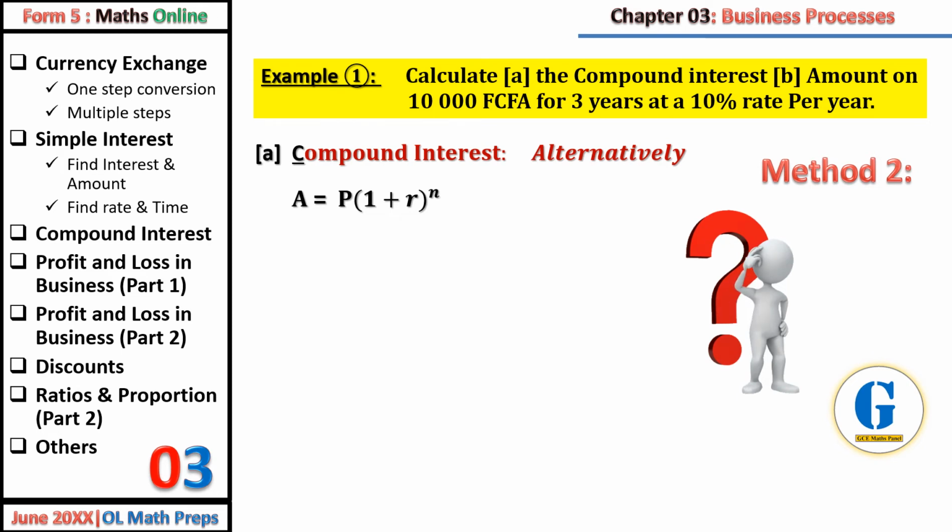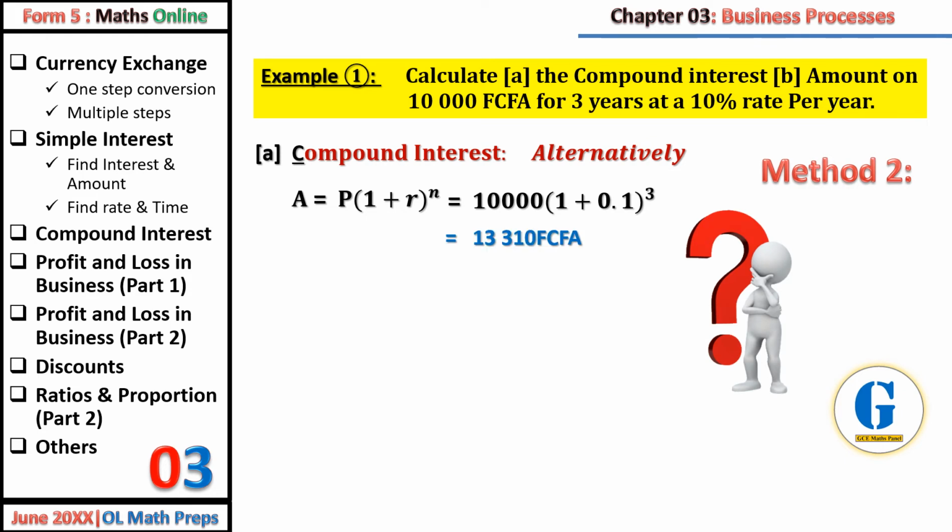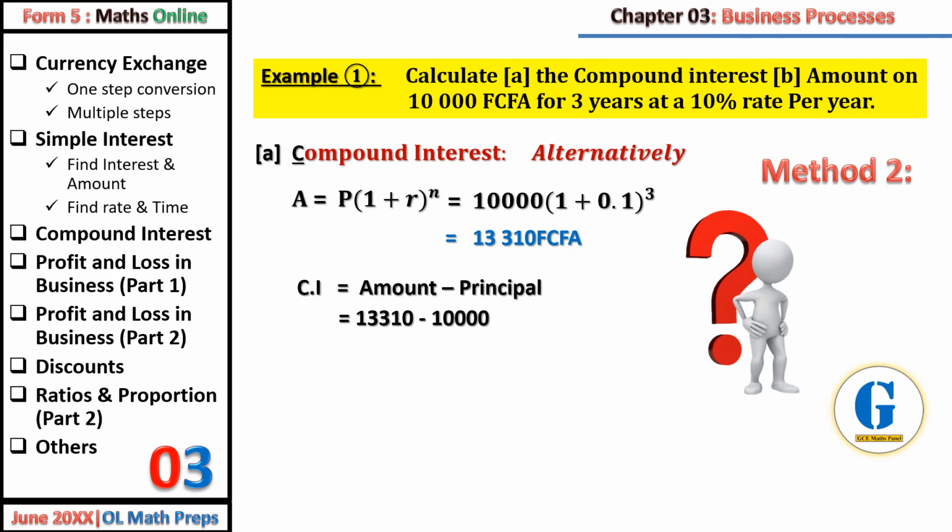The amount equals principal into bracket open, that is 1 plus rate, to the power n, and that gives us 10,000 into 1 plus 0.1 to the power 3, which equals 13,010 francs. And from here, the compound interest is the amount minus the principal, which is 13,010 francs minus 10,000, giving us 3,010 francs. Like I said, this formula is good, especially when we have longer periods.